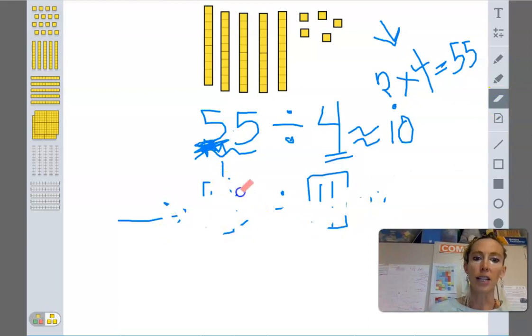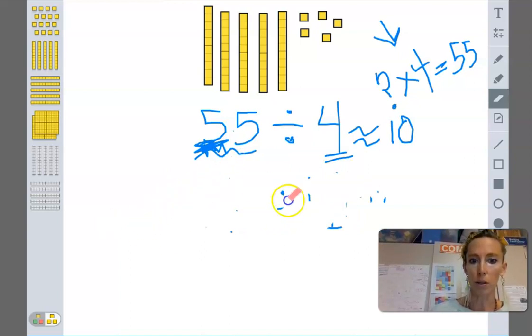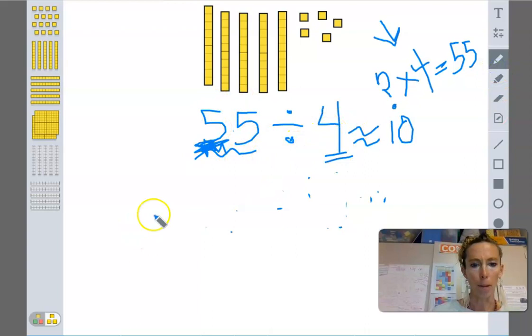So now let's find the actual answer. Okay, so I'm going to start drawing a picture so I can model this with math. All right, so if we're dividing this into groups of 4, I'm going to go ahead and start drawing. Well, here's my first group of 4.